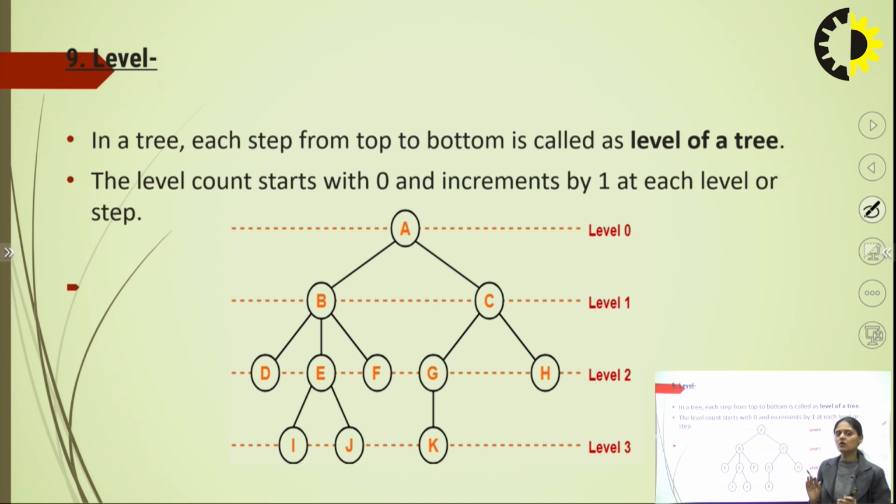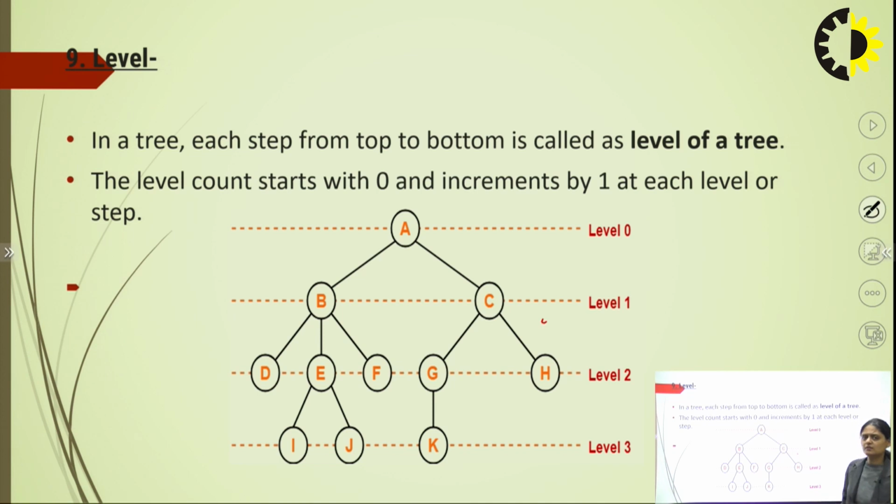So, the root is always considered at level 0, and thereby at every level the count of level is incremented by 1. So, over here B and C are at level 1, D, E, F, G, H are at level 2, I, J, K are at level 3.